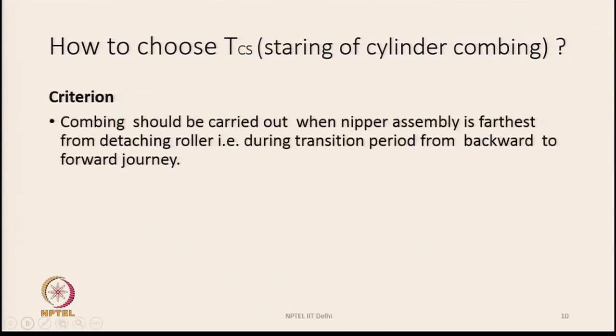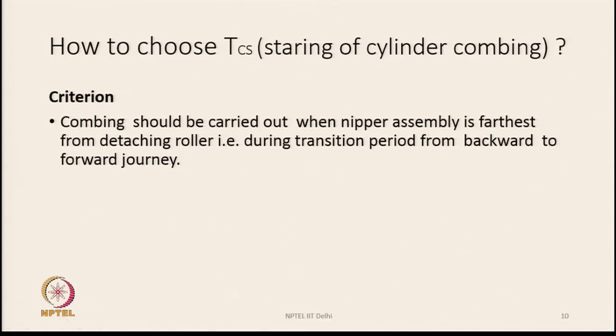The criteria is combing should be carried out when the nipper assembly is farthest from the detaching roller, so that there is sufficient gap we maintain for the needles to pass through the fringe without having any chance of hitting the detaching rollers.